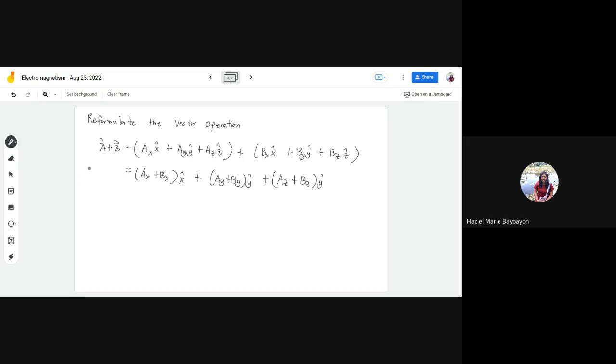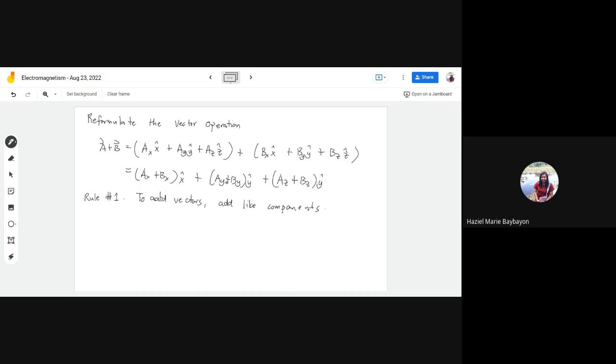So this is vector addition now. Rule number one in adding vectors: to add vectors, we should add like components. So this one is very easy to remember.